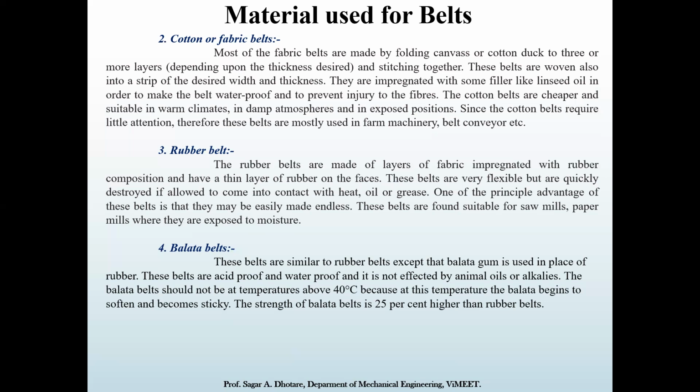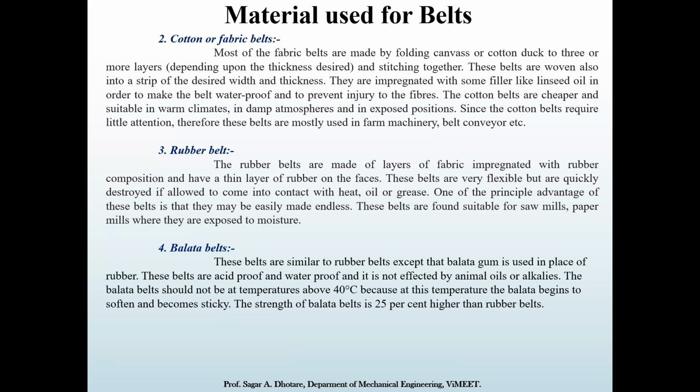Then balata belts. These belts are similar to rubber belts, except that balata gum is used in place of rubber. These belts are acid proof and waterproof, and are not affected by animal oil or alkalines.